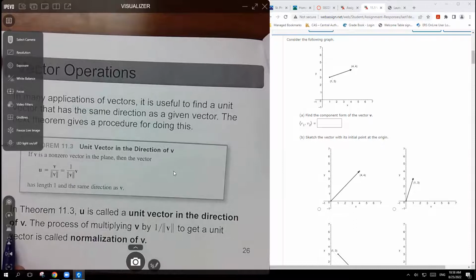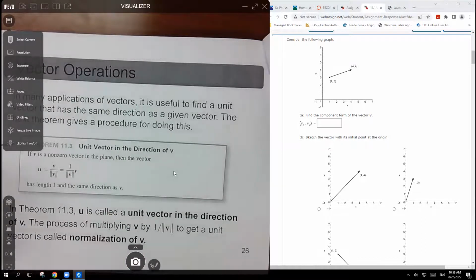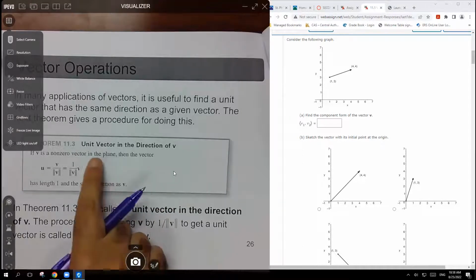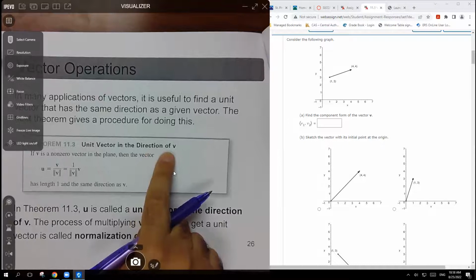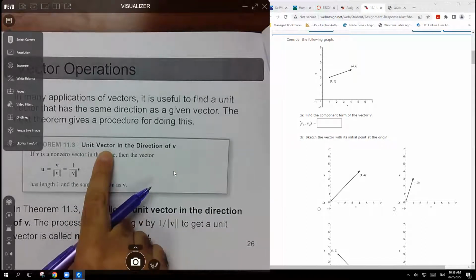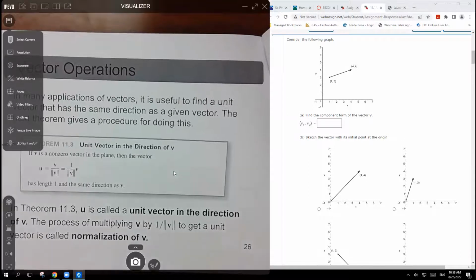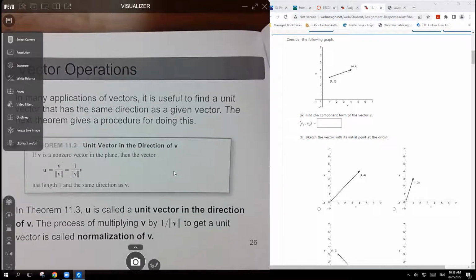Unit vector. This is the third theorem. This is important if you're going to take 2318 class, because they're going to ask you to normalize a vector, to find the unit vector in the direction of V. What's the meaning of unit vector? You remember, any vector with length 1 is called a unit vector.